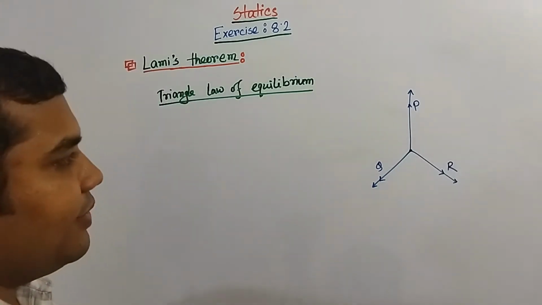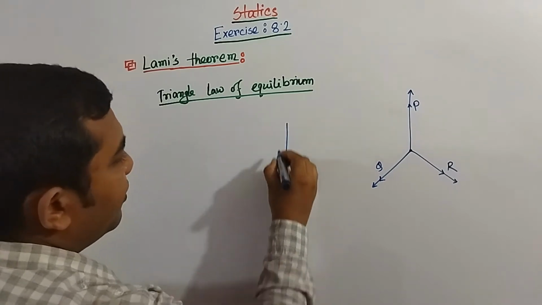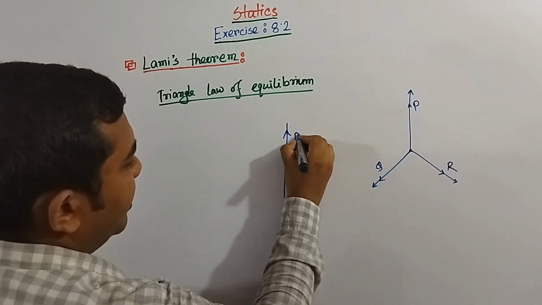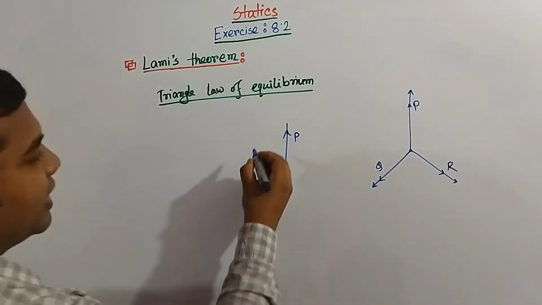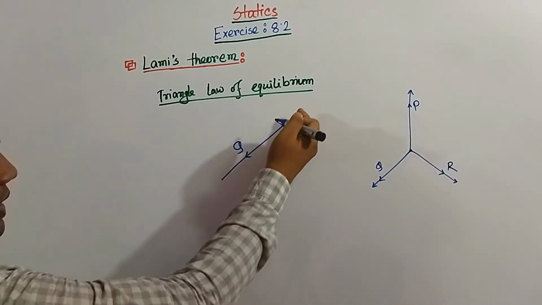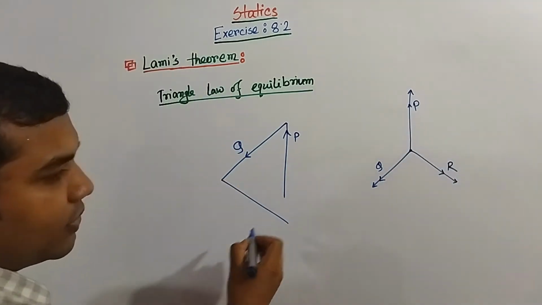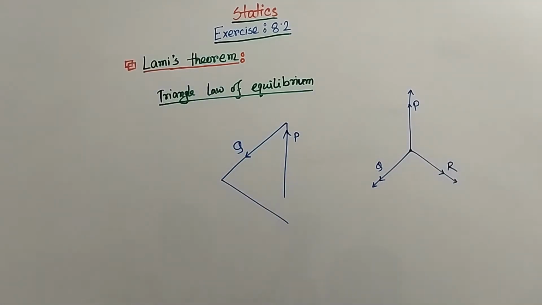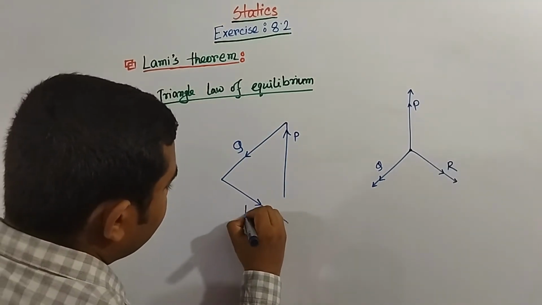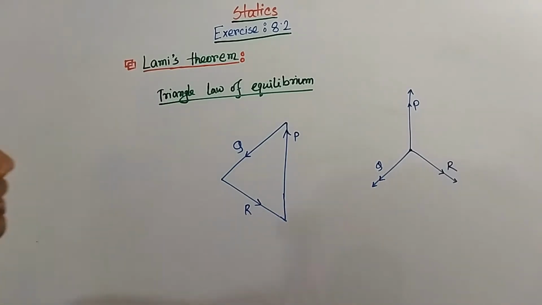How? Here the force P is working in this direction. Q is working this way, so we can write that the Q force is working in this direction, and the R force is here, that means the R force is working in this direction. Then we get a triangle.